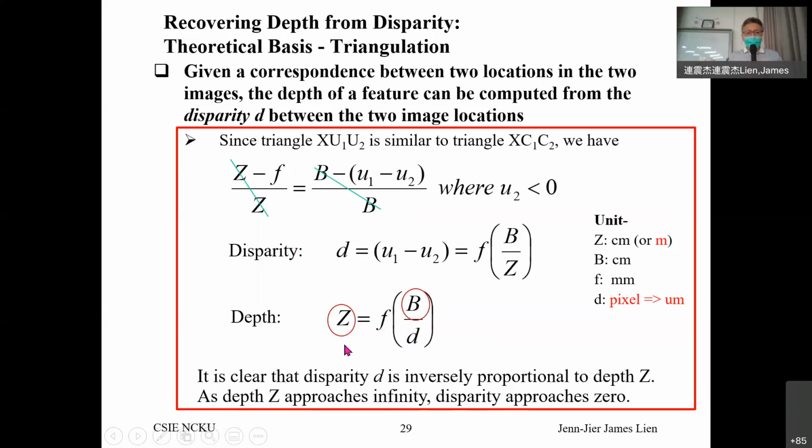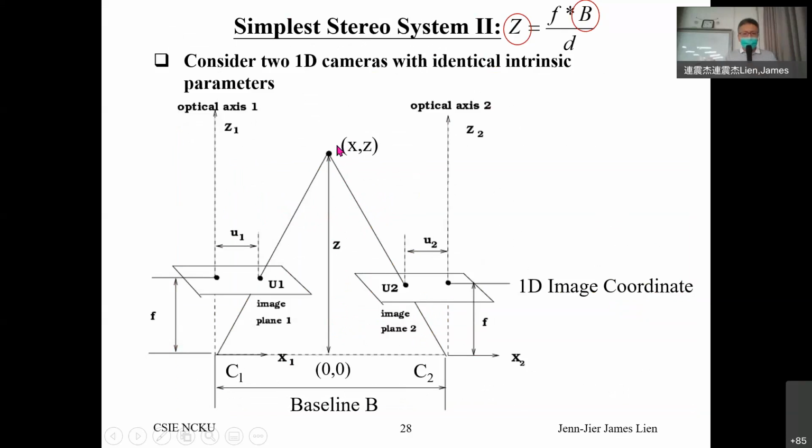Back to here. In order to get this result, what's this one? This one is here. So Z, if Z compares with the baseline, this triangle.